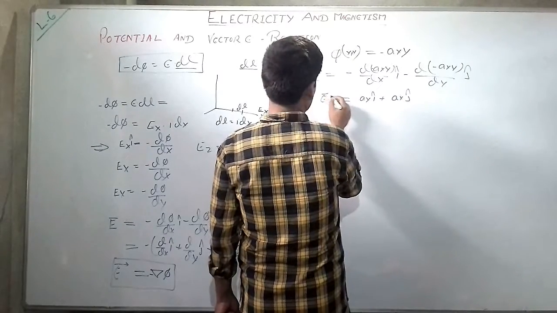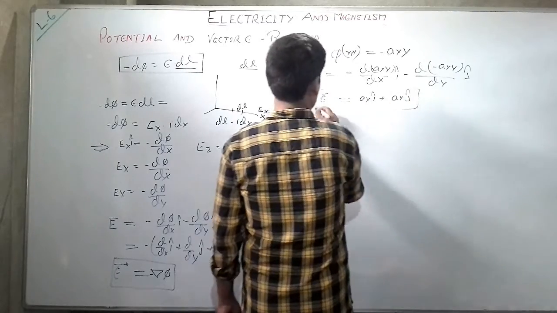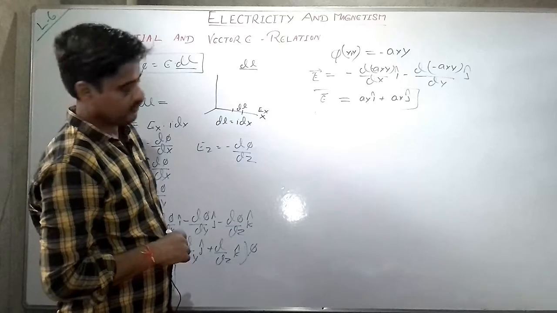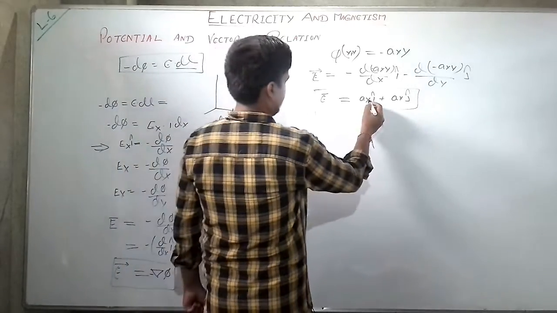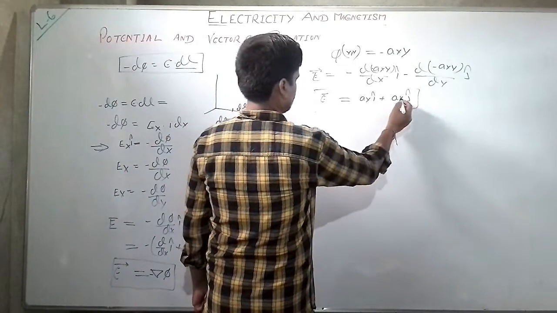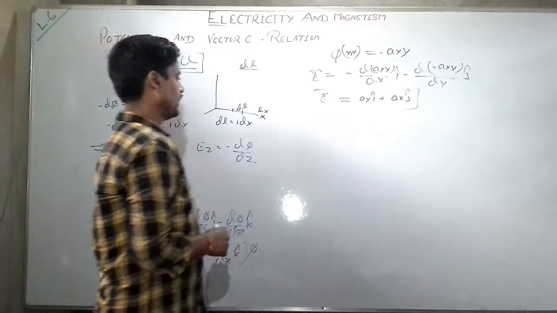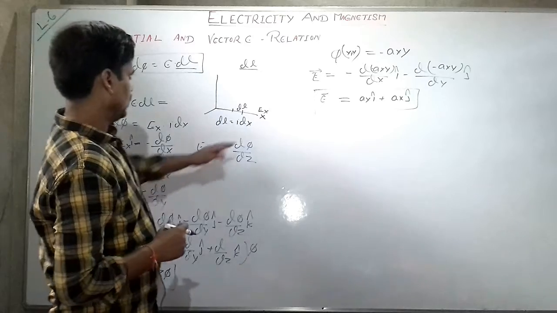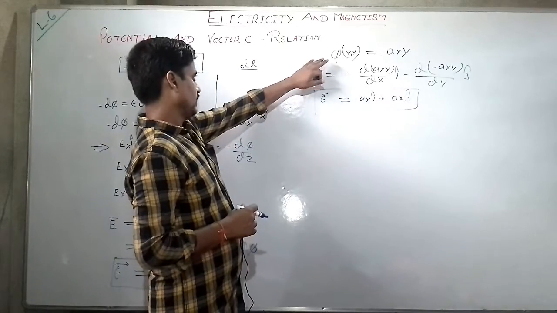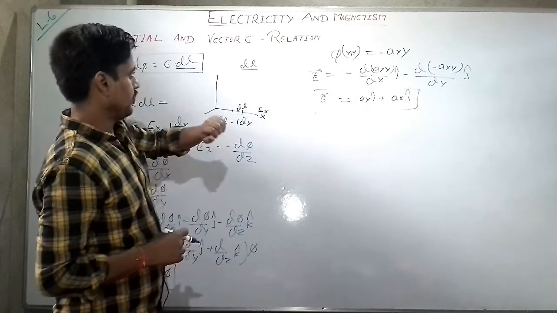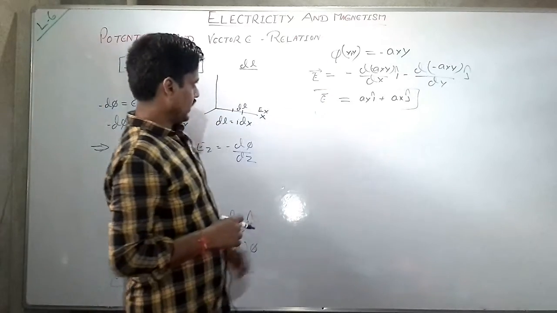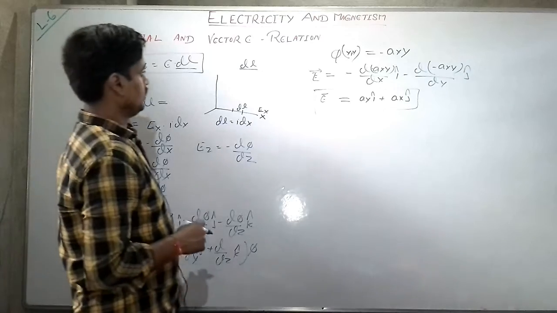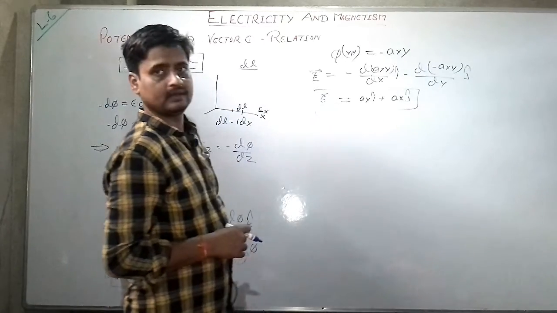This is the electric field. So this is how we can solve any problem where the potential is given, and we can use this relation to find the electric field.